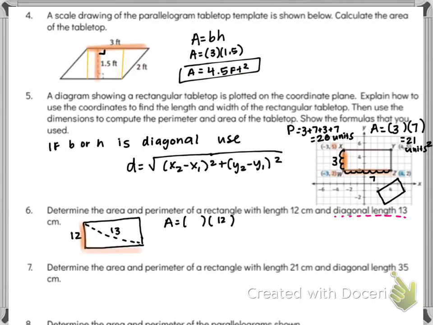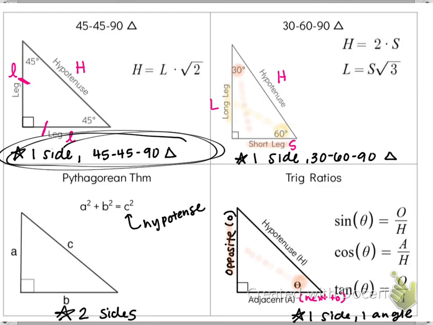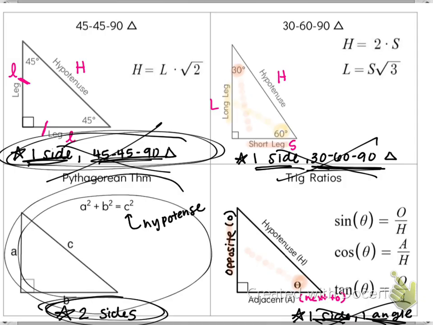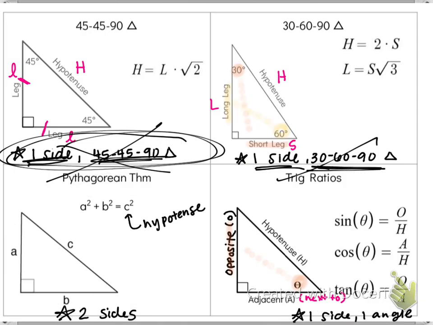If I'm looking at this one, I have two sides, no angles. This one has one side, at least one of those angles. We don't have that. This one needs one side and these 30, 60, 90s. We don't have that. This one needs a side and an angle, so we don't have that. We do have two sides, though, so we are going to be using the Pythagorean theorem, okay? This is how you're going to decide when you're going through your questions.